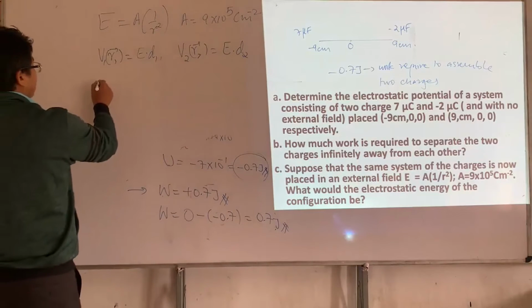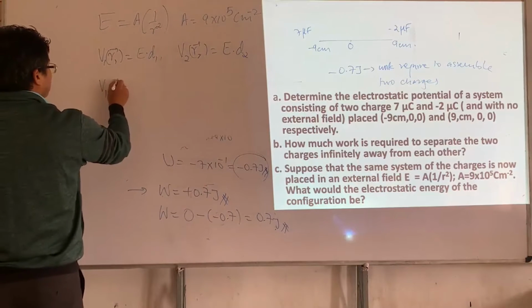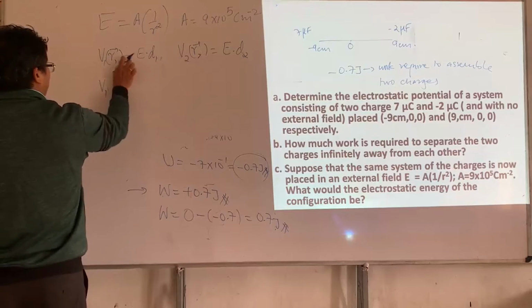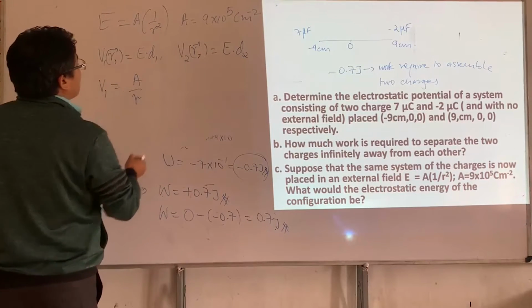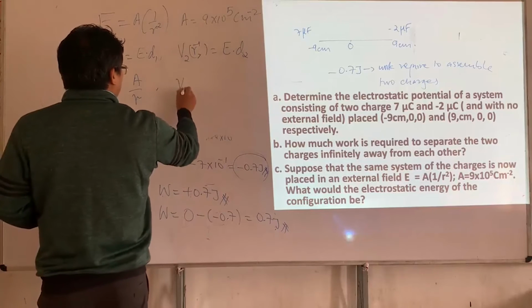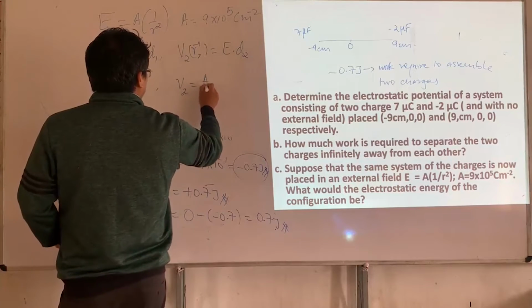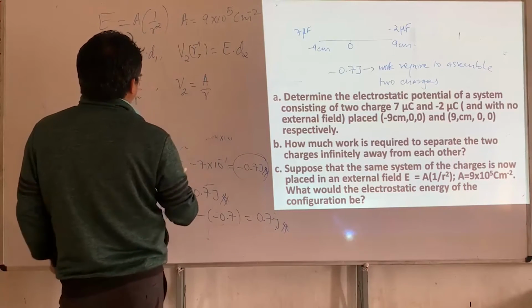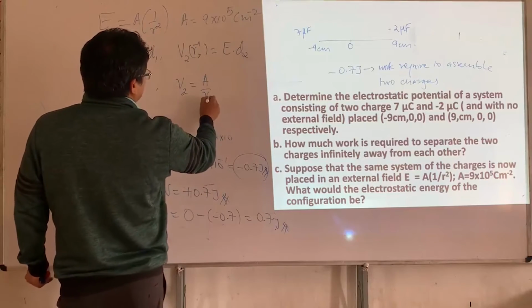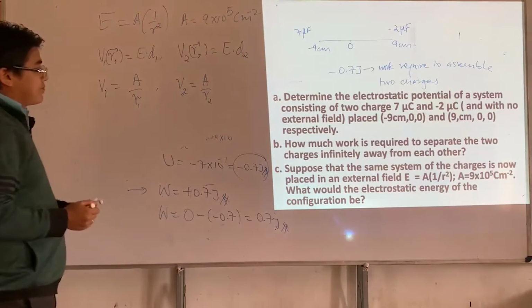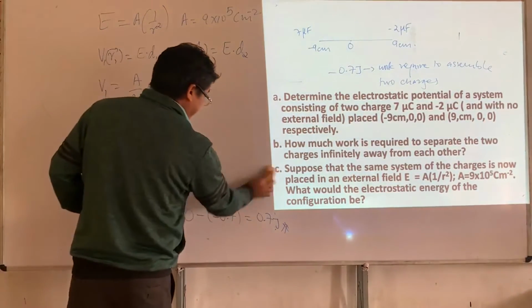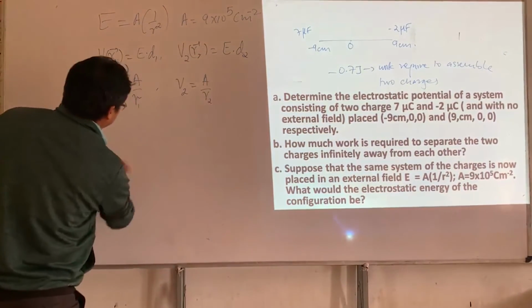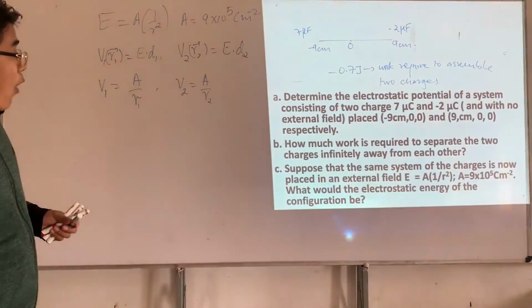So therefore, in a sense, what is V of R1? What is V1? V1 is going to be A by R1. And what about V2? V2 is equal to A by R2, whatever, right? Now, what is the work?